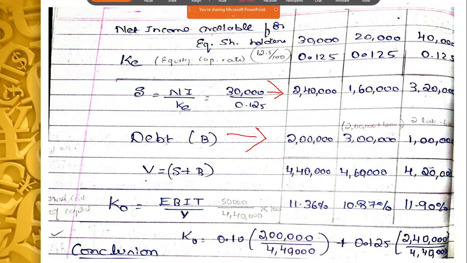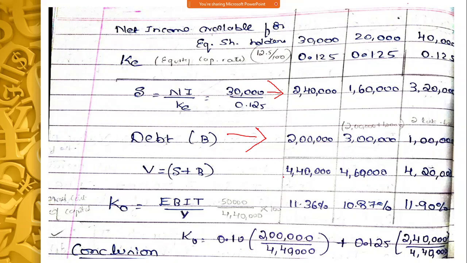And so the total value of the firm for situation A would be 4,40,000, for situation B 4,60,000, for situation C 4,20,000. Now see, by using 2 lakh as debt, the company stands at a value of 4,40,000 in the market.